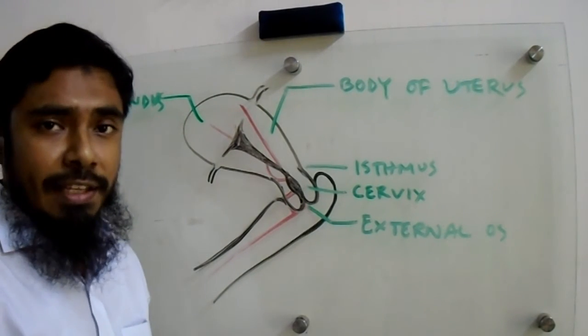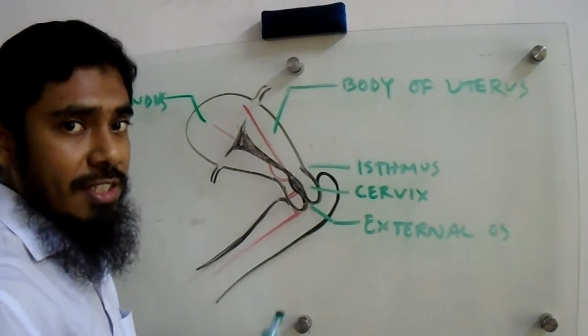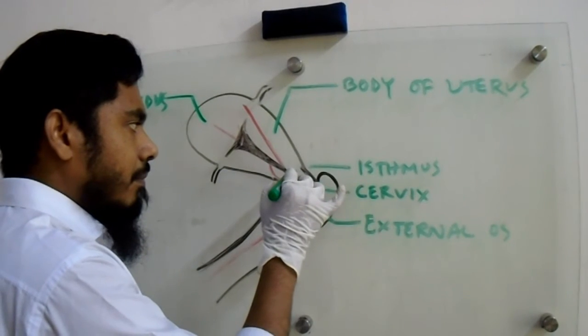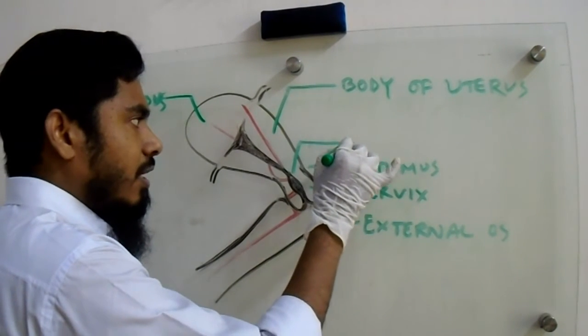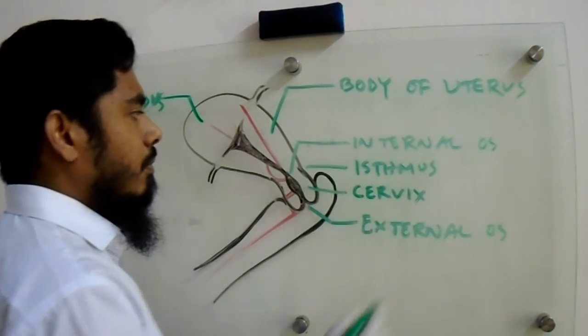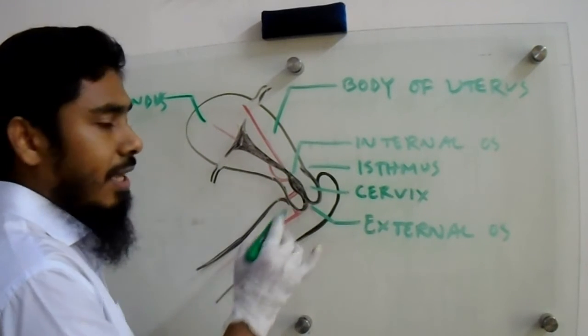So there is another term, internal os, where the internal os is situated. Internal os is the junction between the cervical canal and the uterine cavity. Here is the internal os. So cervical canal is in between the internal os and the external os.